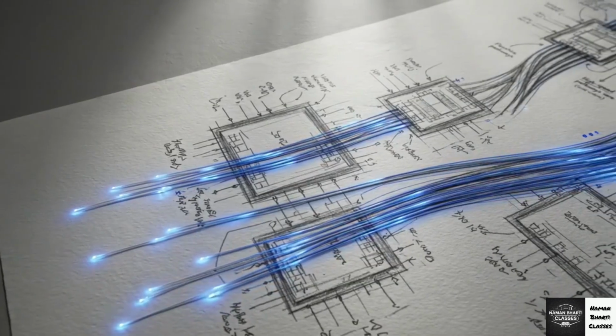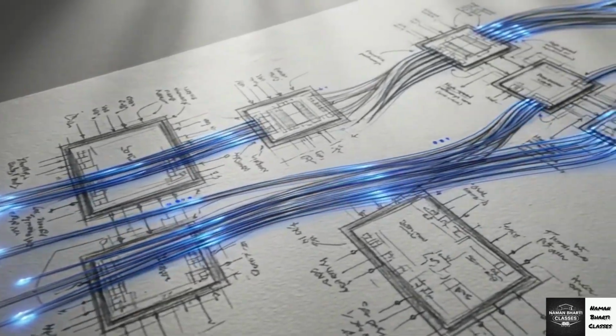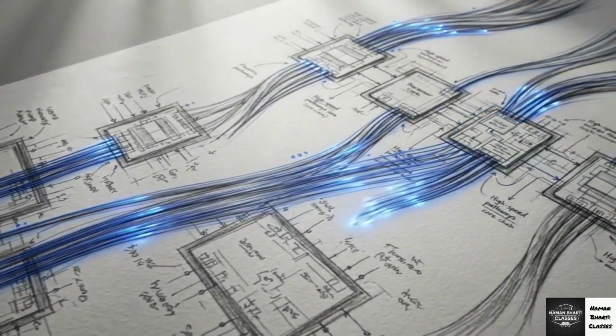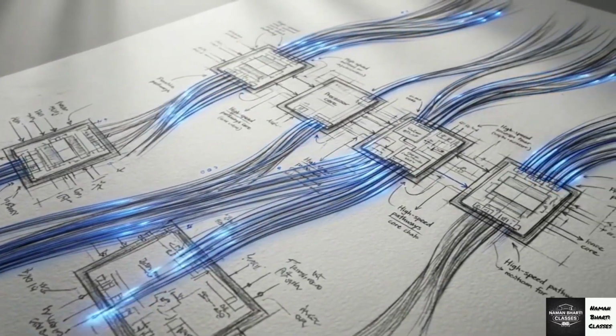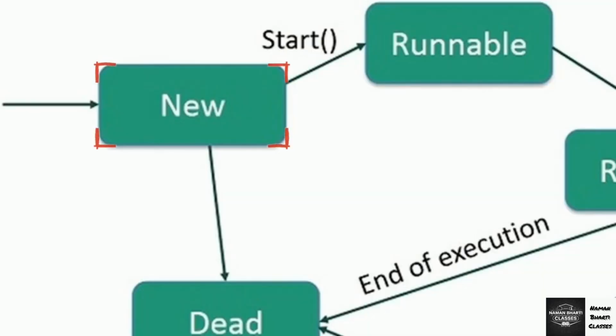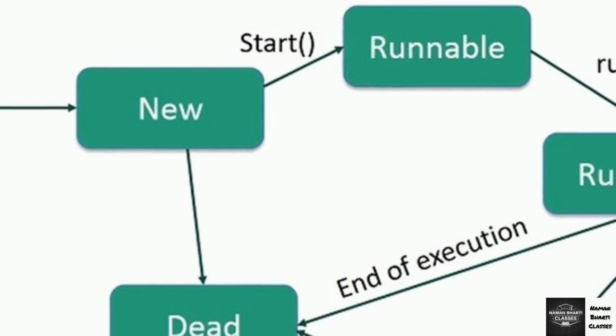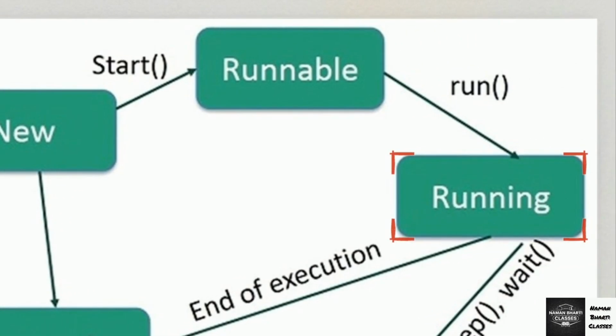While exception handling stabilizes a single path, multithreading allows multiple tasks to run concurrently for maximum CPU utilization. A Java thread begins in the new state, transitioning to runnable once start is called. It's now ready, but only moves to the running state when the operating system scheduler allocates it processor time.